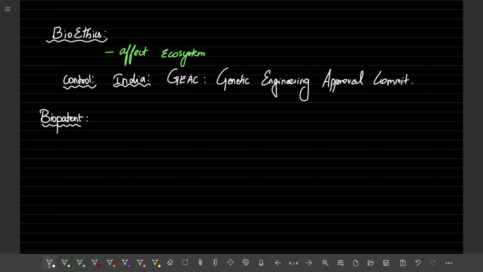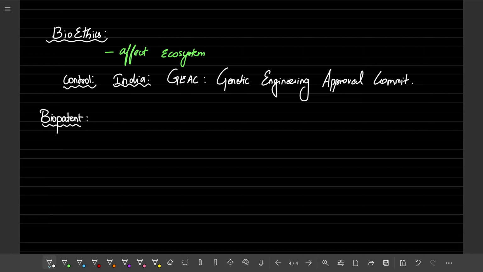So next is biopatenting. What is a patent? In general, what is patenting? It's like a copyright. Okay, so if it is your product, you are going to register it in your name so that others can't use it without your explicit permission.